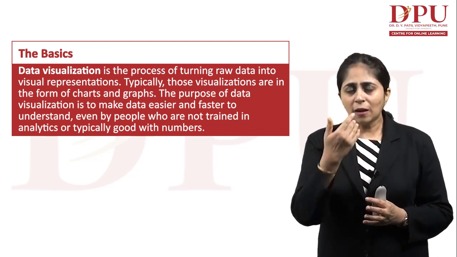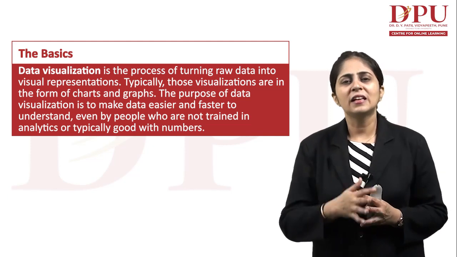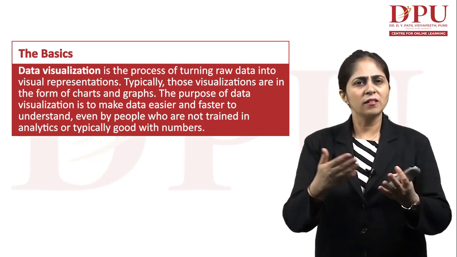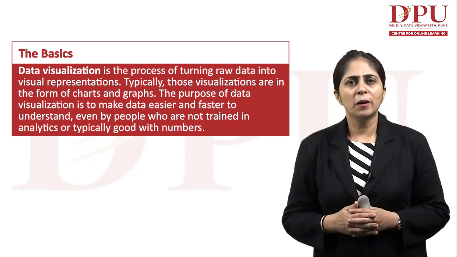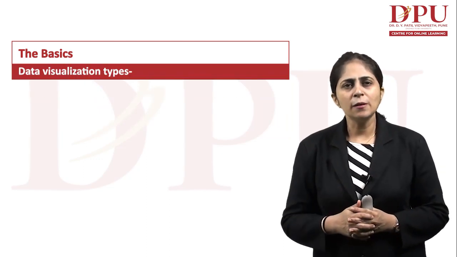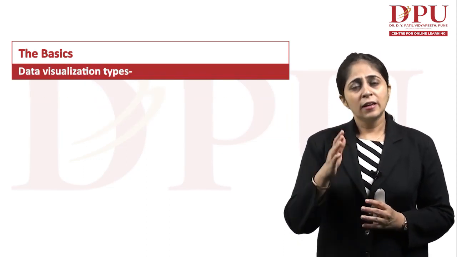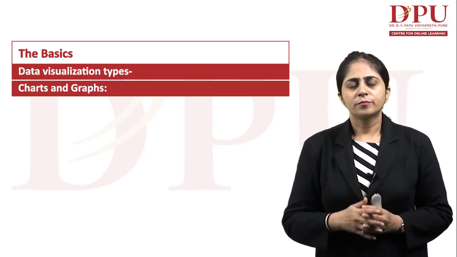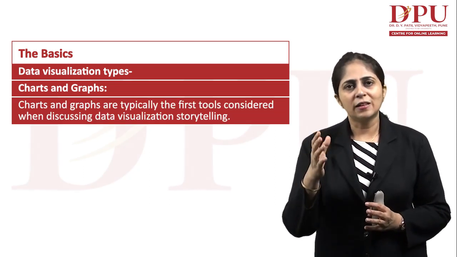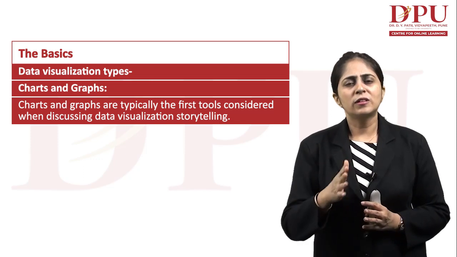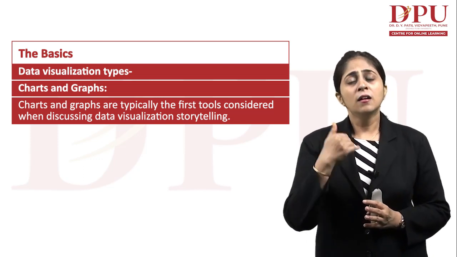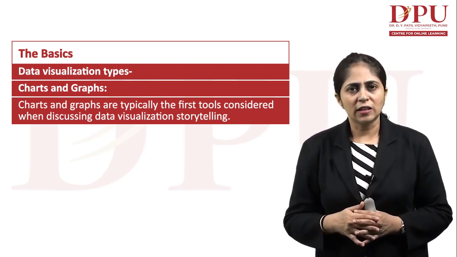Now, there can be a number of ways in which data can be visualized. Here we are discussing some of the most commonly used ones. The first data visualization type is charts and graphs. Charts and graphs are typically the first tools considered when discussing data visualization storytelling.